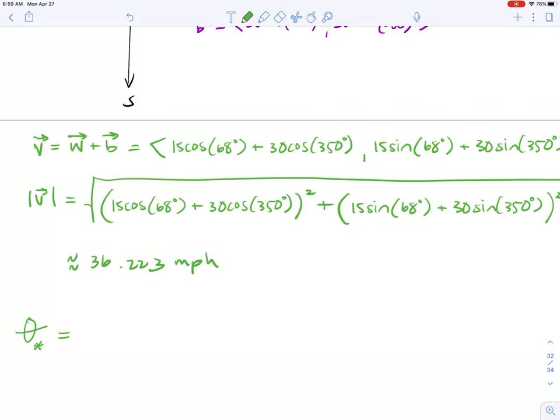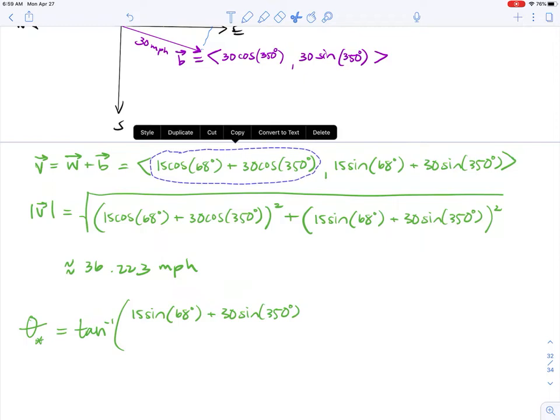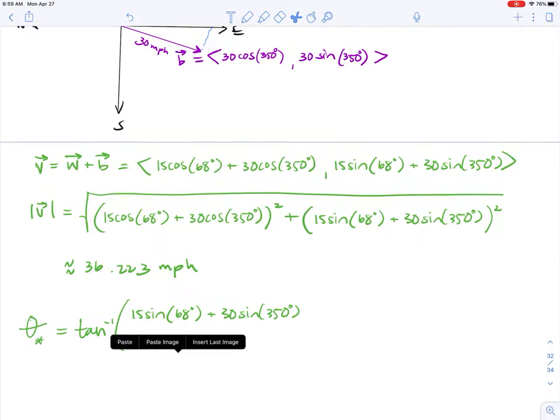You could also double check that the ratio B over A, so the vertical component over the horizontal component, is positive, and then you know that when you take the inverse tan, you'll get an angle from quadrant 1. I'm just going to type inverse tan of, oh, I guess I could probably paste, huh?